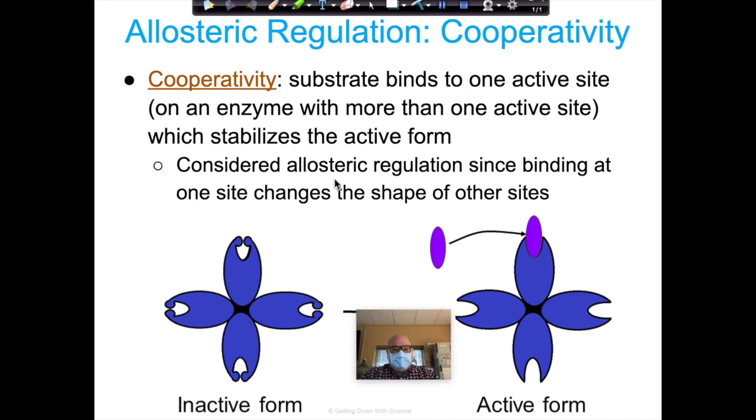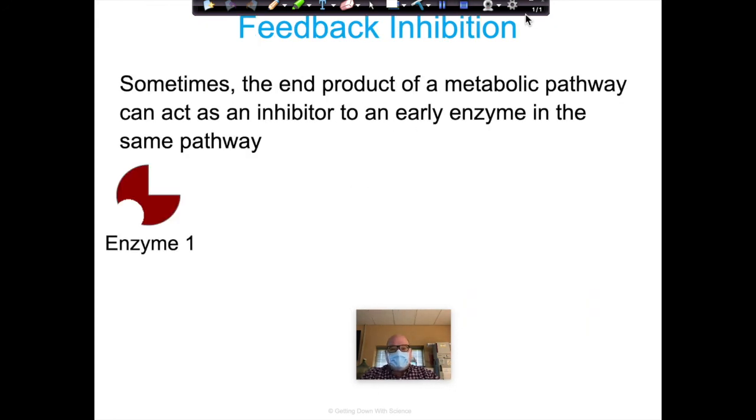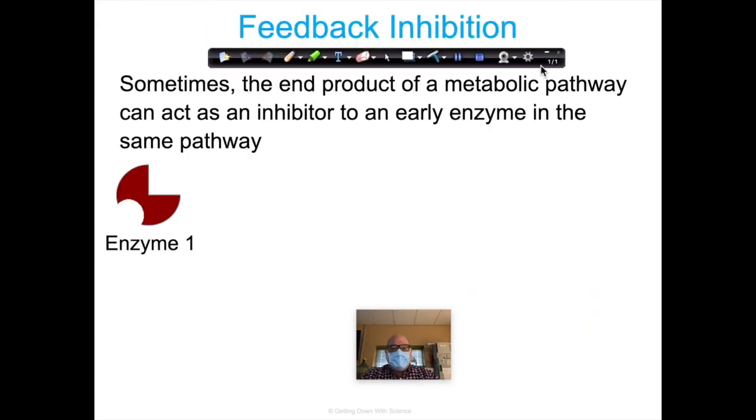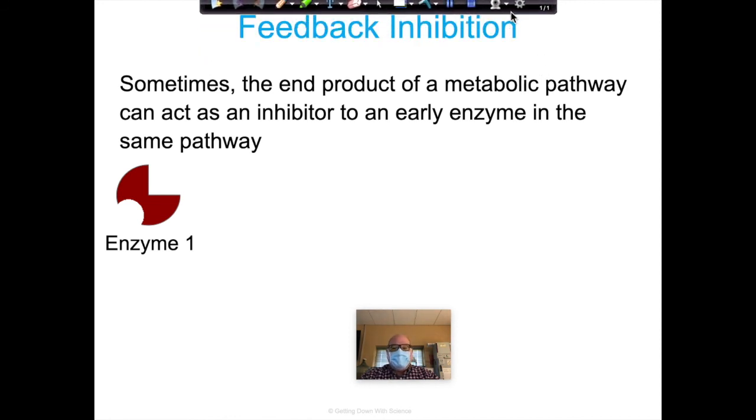All right, almost done here. So I've been kind of hinting at this the whole way, but we have what's called feedback inhibition. Okay, a feedback system is where when one thing goes up, the other one goes down. You've probably learned about positive and negative feedback, and that doesn't mean good feedback and bad feedback.